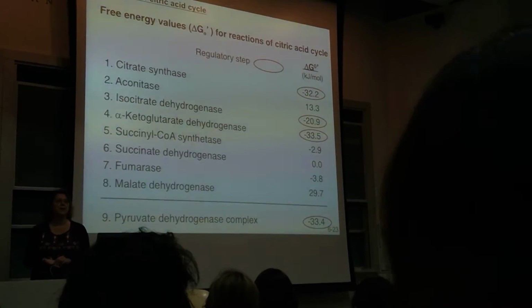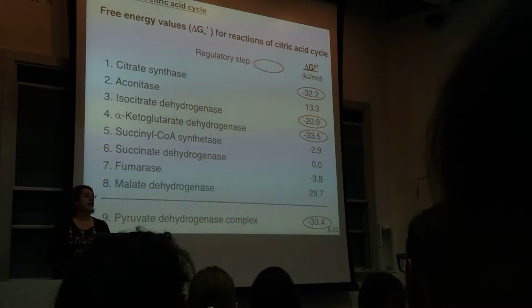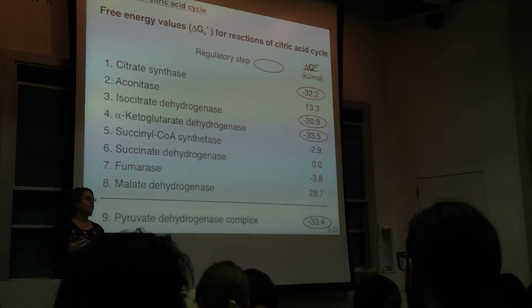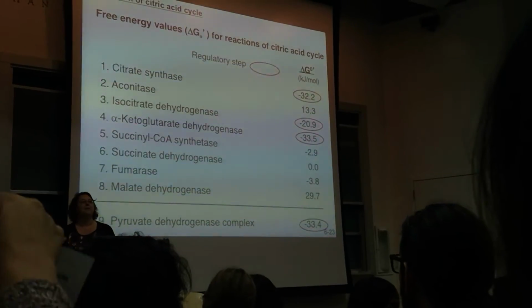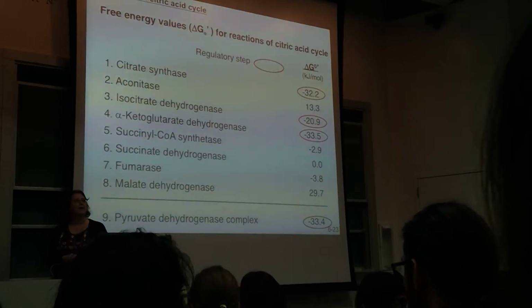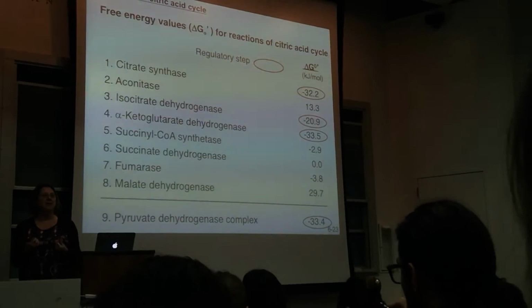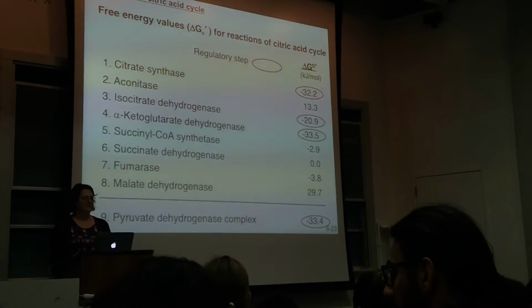From here, we're going to look really briefly at regulation of the citric acid cycle. A theme is emerging. When you have a pathway, the enzymes that are going to be regulated are usually those that have really high negative delta Gs, that are irreversible, highly exergonic.